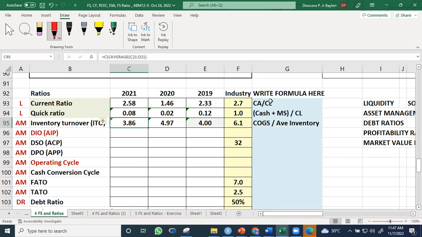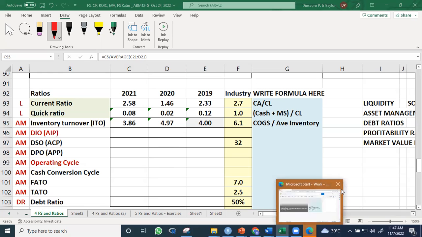Diba? Okay, pause muna ako. Do you agree in my statement that as far as the inventory turnover is concerned, generally, the bigger the ITO, the bigger the inventory turnover, the better it is for the company? Okay? Kindly please chat kung yes or no, if you agree with that.